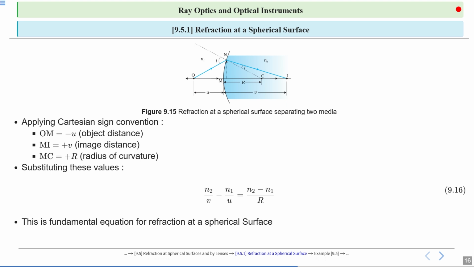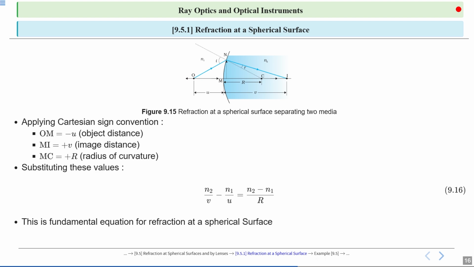Now, for a concave spherical surface or a convex spherical surface, this is the generalized formula, applicable for both types of surfaces. Either the object is placed in the rarer medium or in the denser medium, it is applicable for all types of cases.